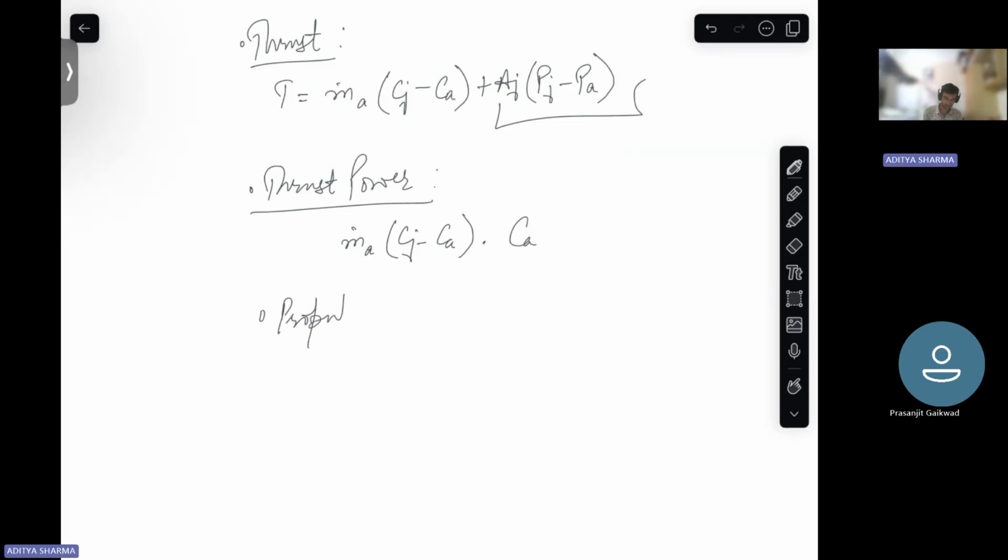Now is your propulsive efficiency. So this is denoted by eta, I believe it's called eta subscript p.